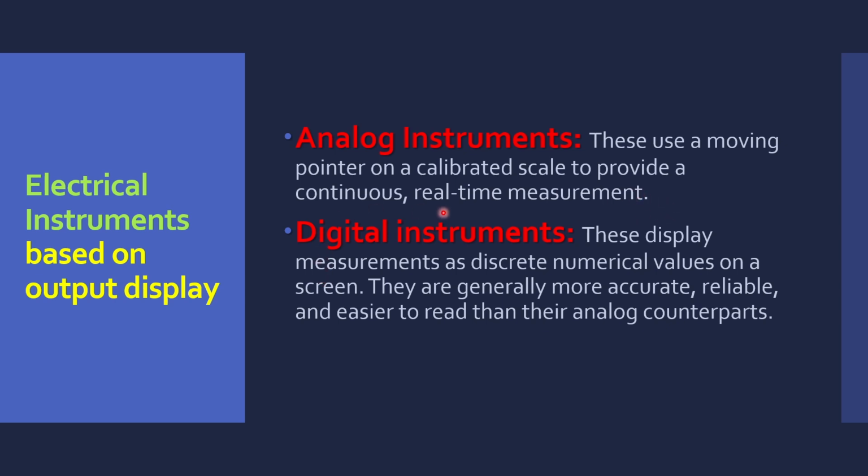So it could be a current, voltage, power, energy, anything. Digital instruments display measurements as the discrete numerical values on the screen, and they are generally more accurate, reliable, and easier to read than analog counterparts. So that is the advantage of the digital instruments.